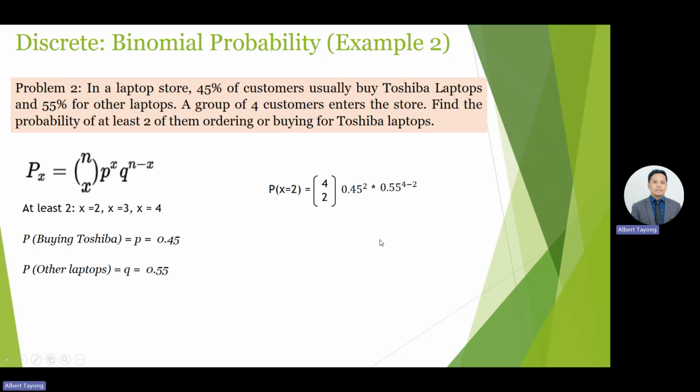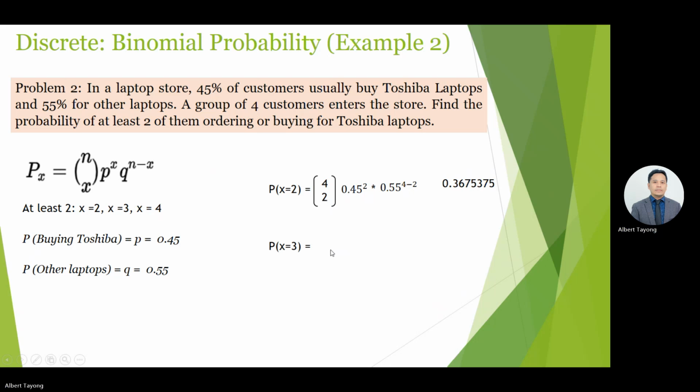Always subtract this 2. So using the calculator, that is, of course, 0.3675375. So what you're going to do is to press 4, nCr, 2, and then these values.